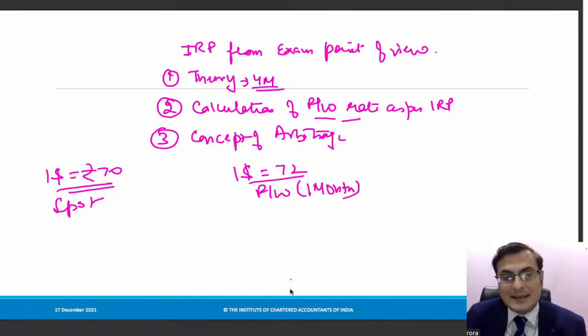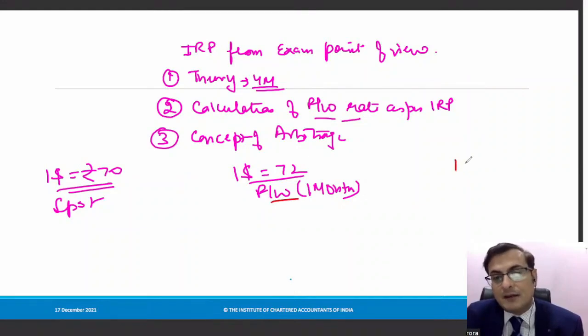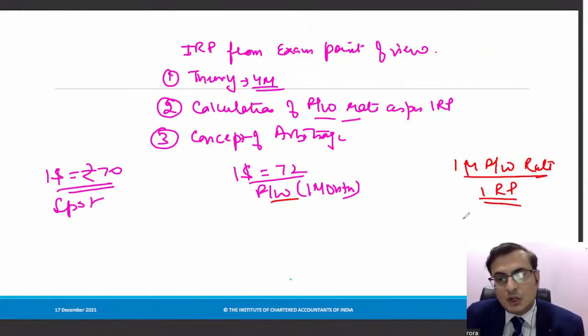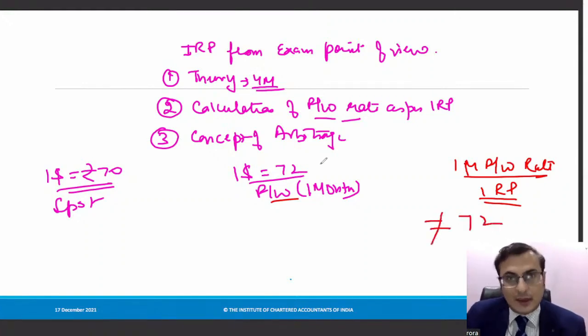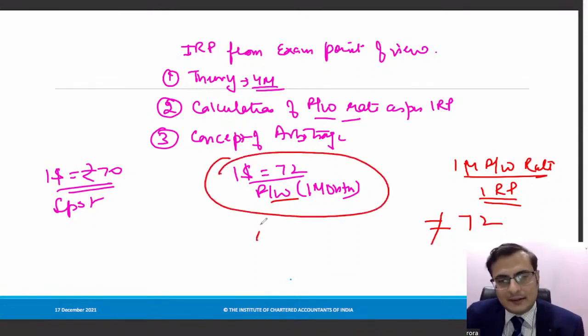Then you will be required in the exam to find what the 1 month forward rate should be as per IRP. If that is not 72, it is the actual rate, and the other is the should-be rate.